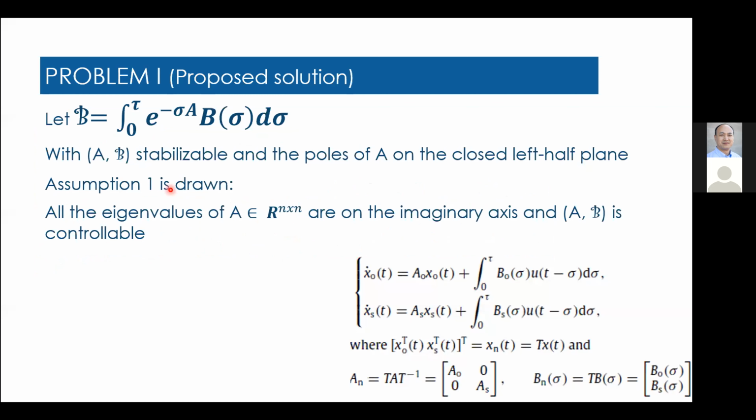So how did they do that? Looking at the solution to problem one, they first introduced a capital B matrix that was under this form.